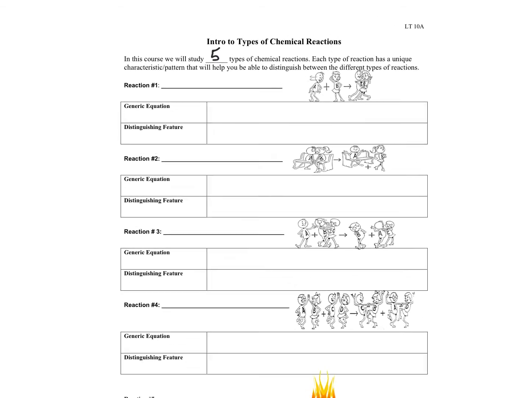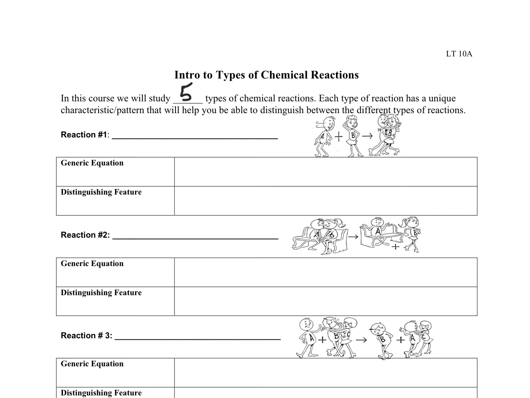The first chemical reaction we are going to look at is called a synthesis reaction. You can kind of see these pictures on the right, and that will help lead you to the kinds of reactions we're talking about. You can kind of tell from that picture, we're going to be taking reactant A, reactant B, and combining them into a single compound AB.